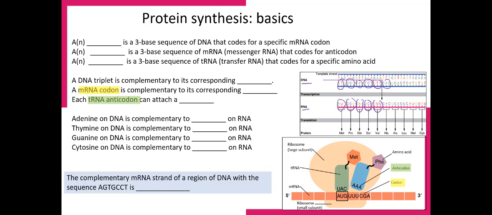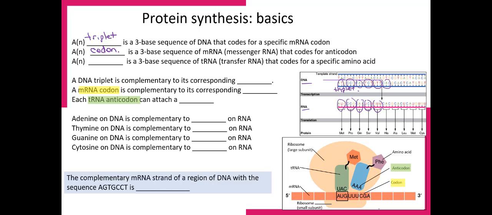If you break up the DNA into specific groups of 3 bases, it's called a triplet. So this is made out of triplets. Whereas once we transcribe that into messenger RNA, then it becomes a codon.